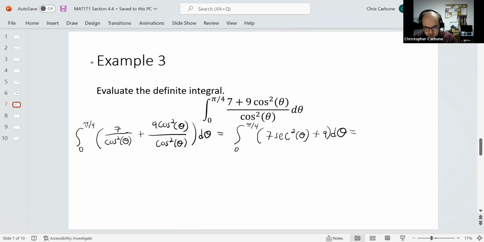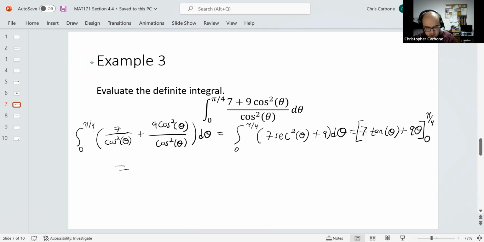So evaluating this gives us 7 times the tangent of theta plus 9 theta. And we want to evaluate this between 0 and pi over 4.